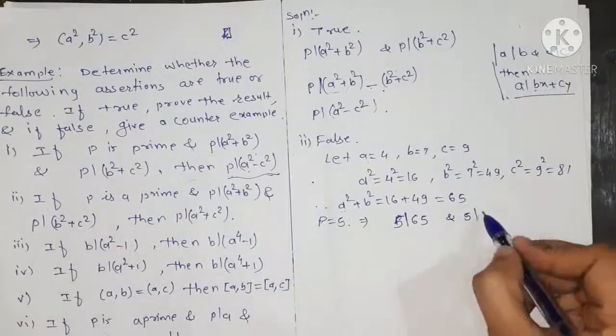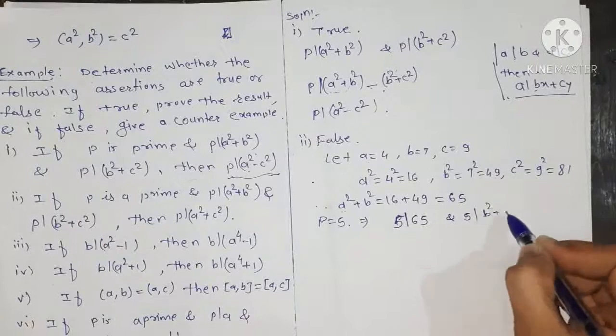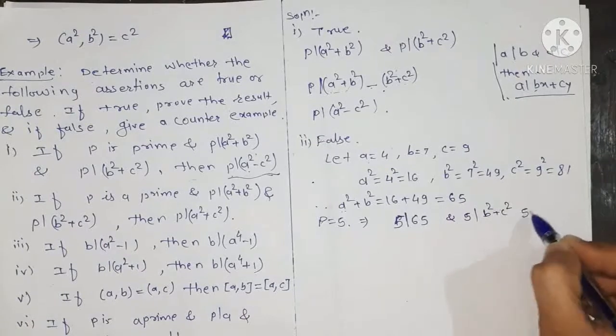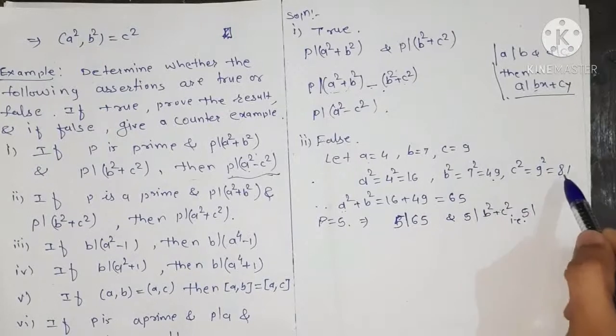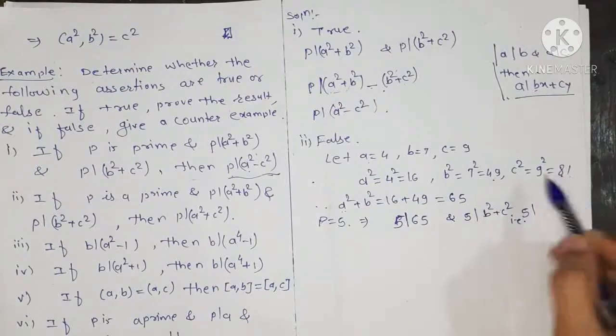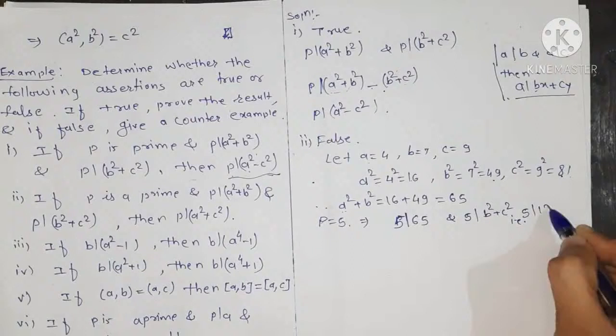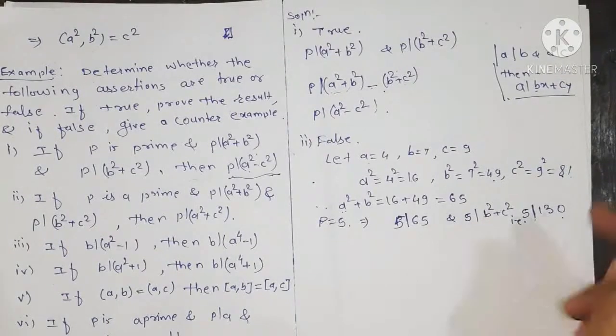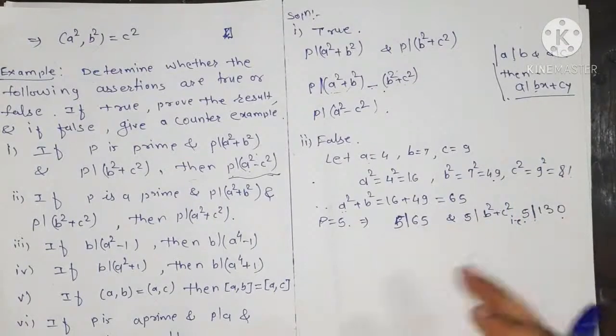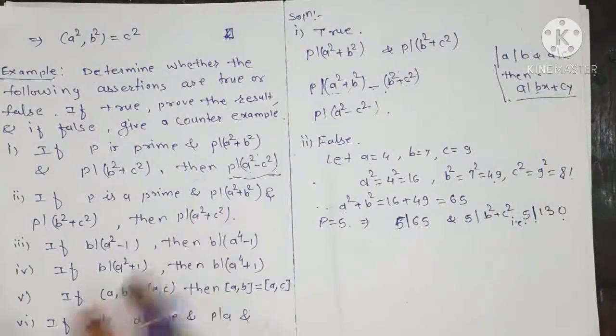square. So what is b square plus c square? That is here, 5 divides b square, which is 49, plus 81, so it is 130. Okay, so 5 divides 130, that is 5 is dividing b square plus c square, so it is dividing both. So can it divide a square plus c square?